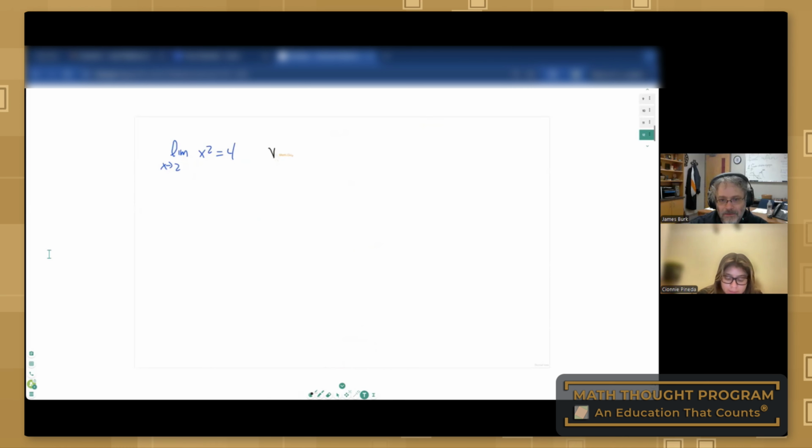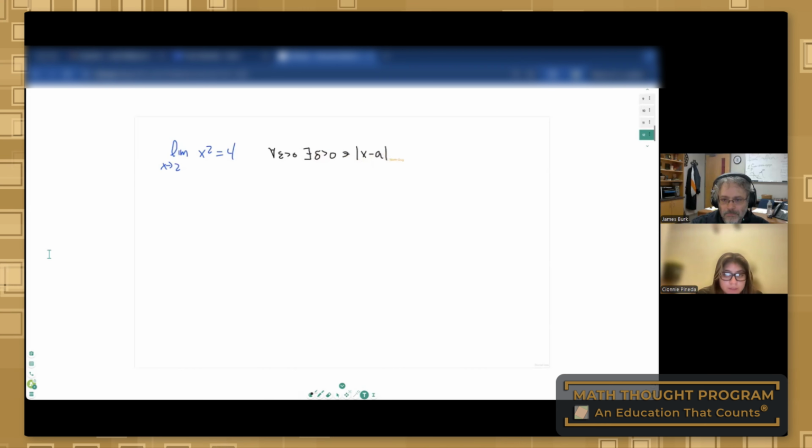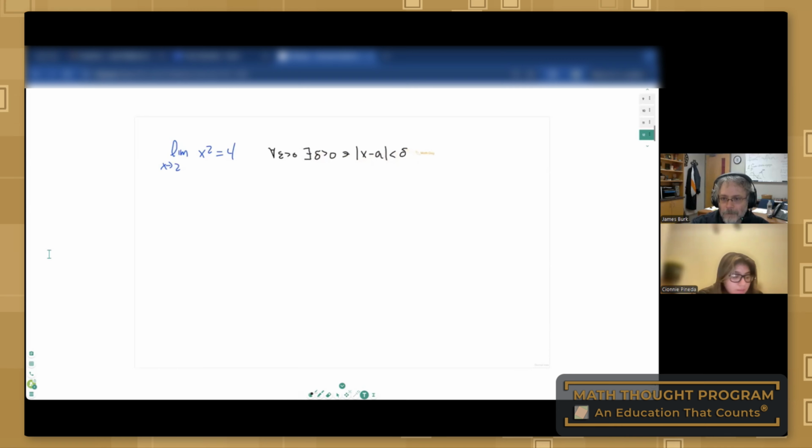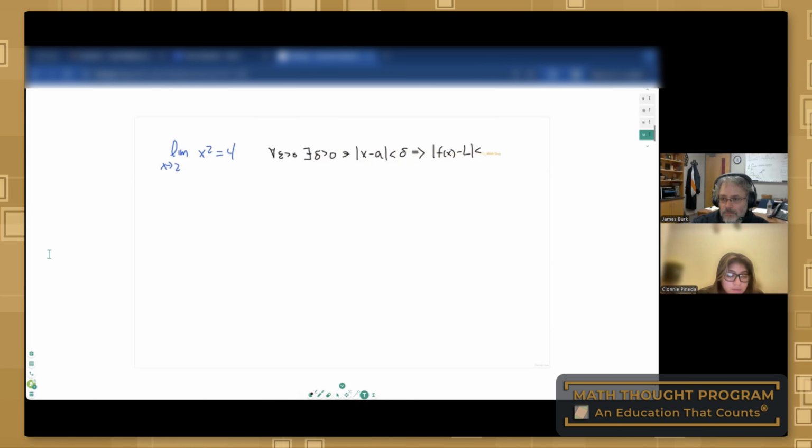For all epsilon greater than 0, there exists a delta greater than 0, such that the absolute value of x minus a is less than delta, which implies the absolute value of f of x minus L is less than epsilon.